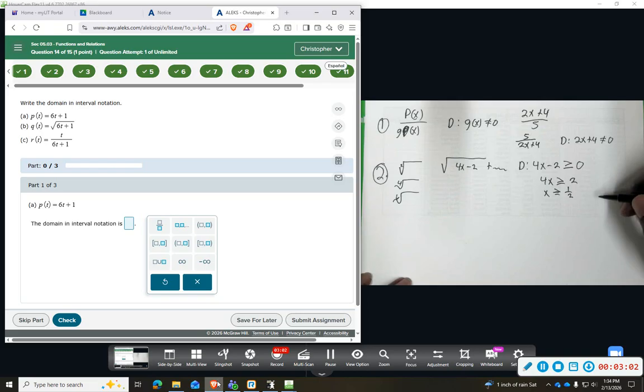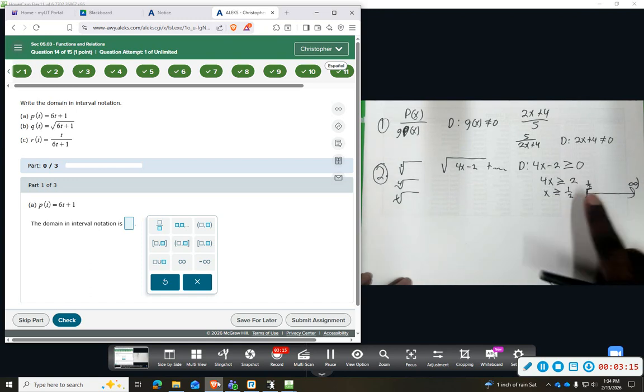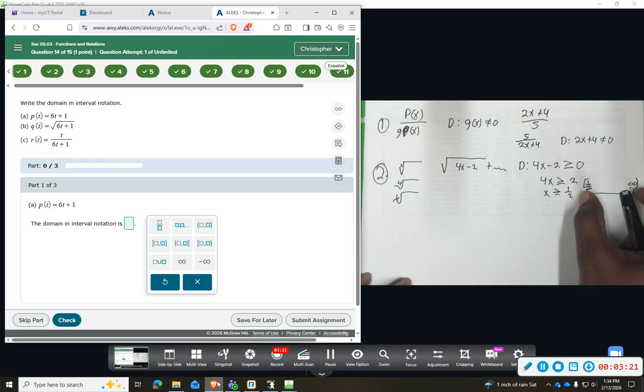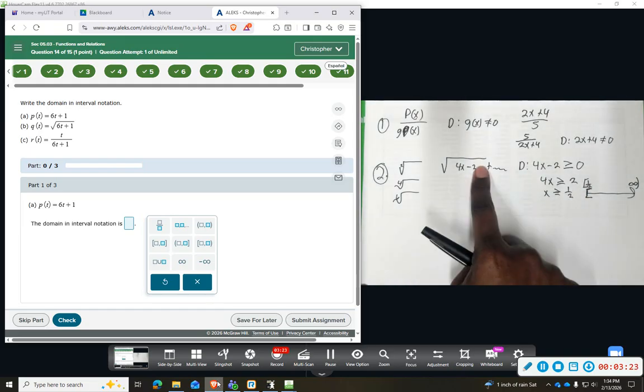Okay? So on a number line, since it's greater than or equal to, let's say that this is 1/2. It would be a square bracket, 1/2, and that would go all the way to positive infinity. So your domain would be bracket 1/2 up to positive infinity. Only those numbers would work.